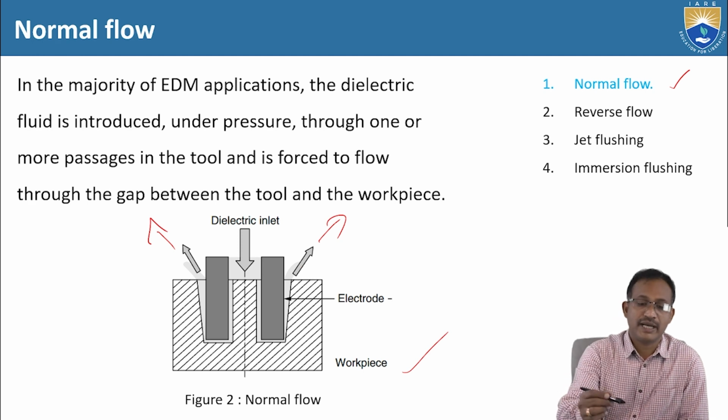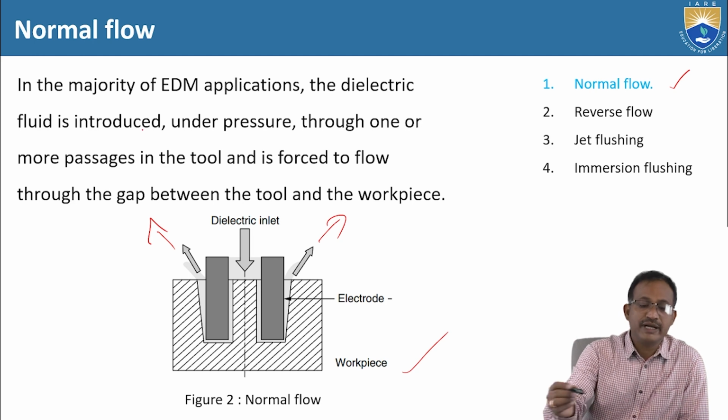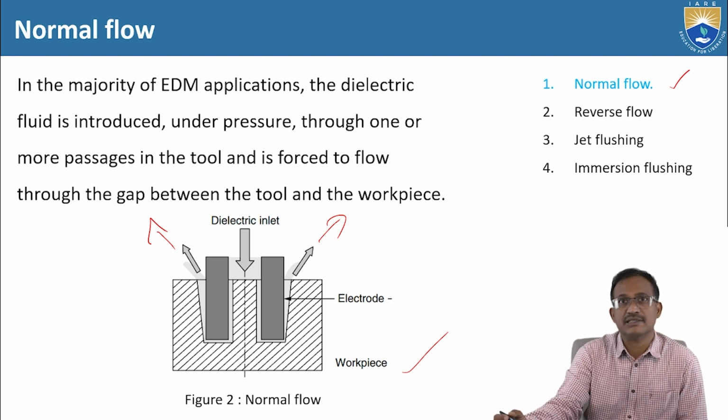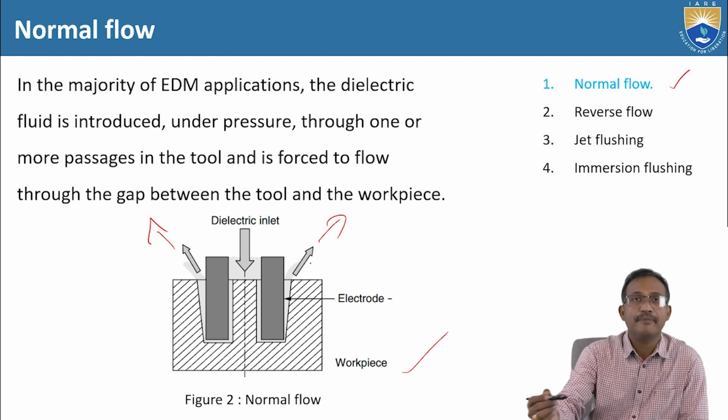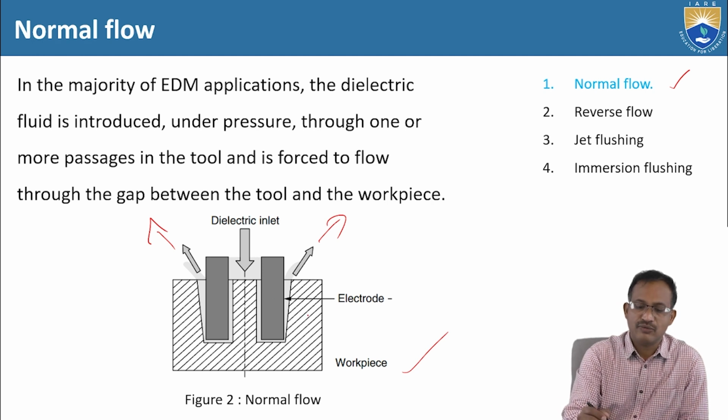In EDM applications, the dielectric fluid is introduced. Already we have discussed that the dielectric fluid must pass between the tool and the workpiece under high pressure, through one or more passages in the tool, and is forced to flow through the gap between the tool and the workpiece.